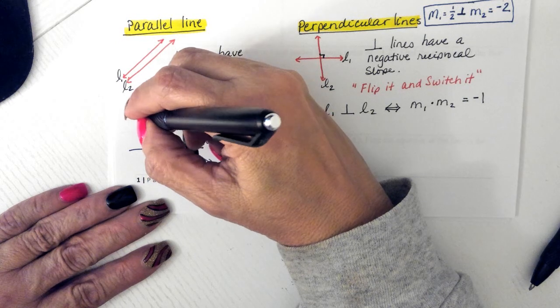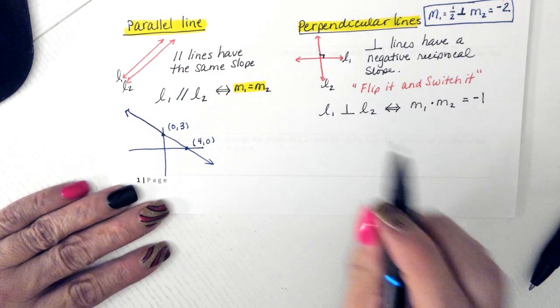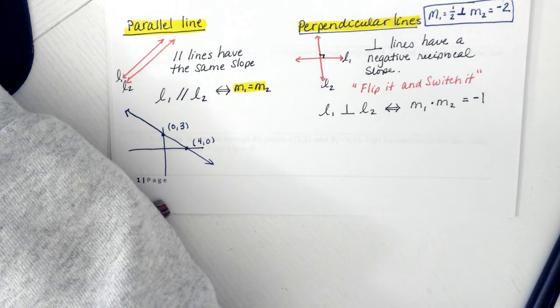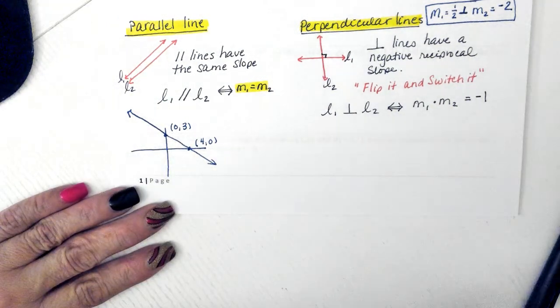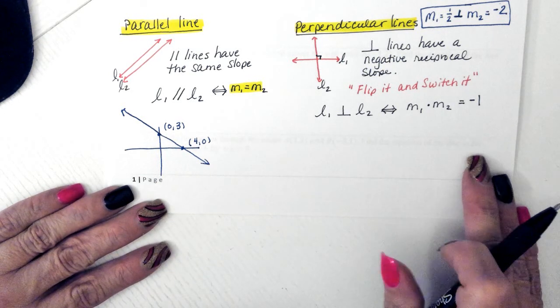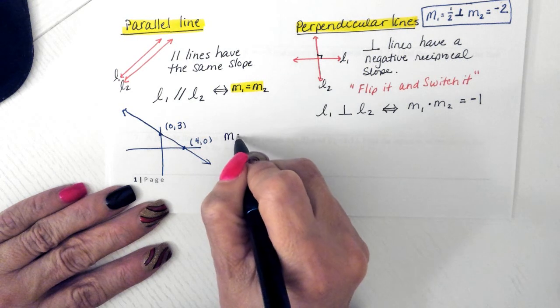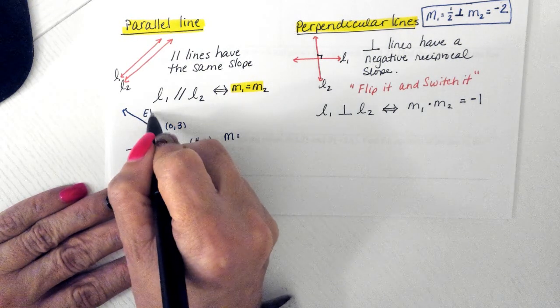I'm going to draw that line. All right, and what I'm going to do is write this all the way through to general form. So I'm going to start off by figuring out the slope. Let's call this the example.